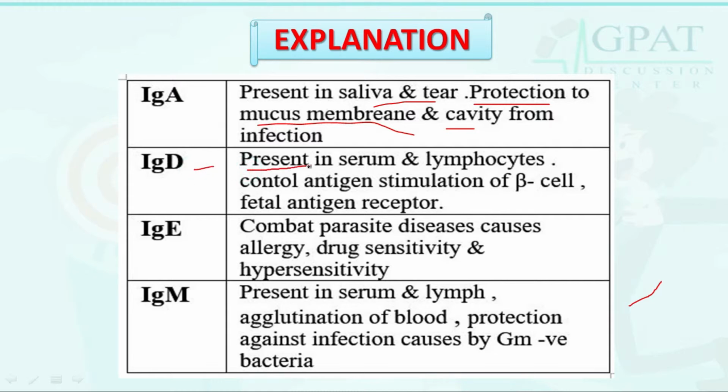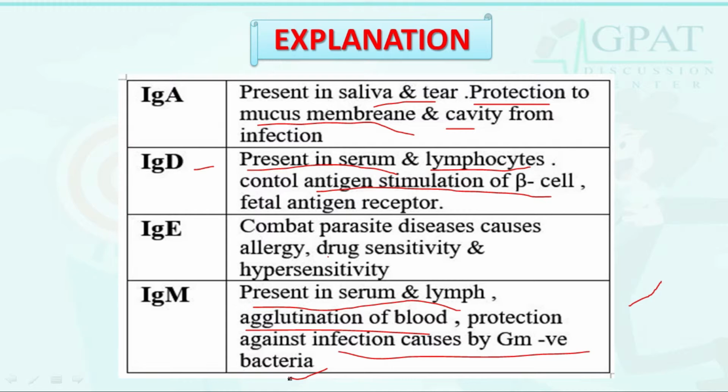IgD is present in serum and lymphocytes, which control antigen stimulation of B cells, and acts as an antigen receptor. IgE combats parasitic disease and causes allergy, drug sensitivity, and hypersensitivity. And what about IgM? IgM is present in serum and lymph and causes agglutination of blood. Its function is protection against infections caused by bacteria.